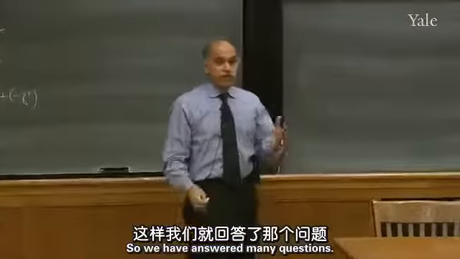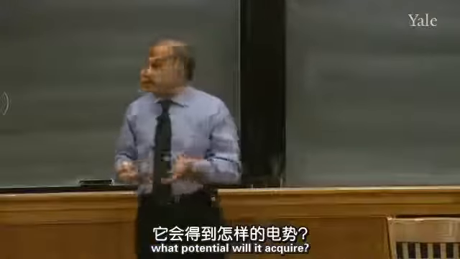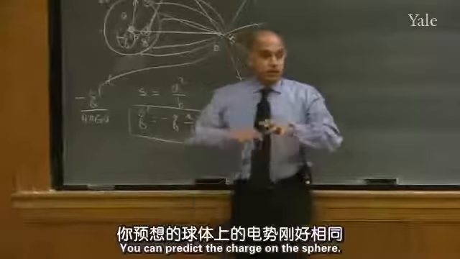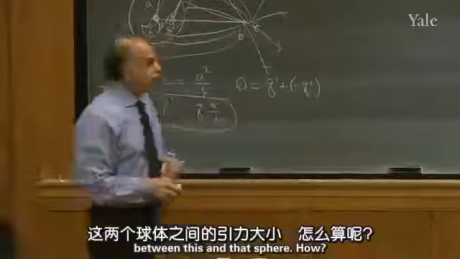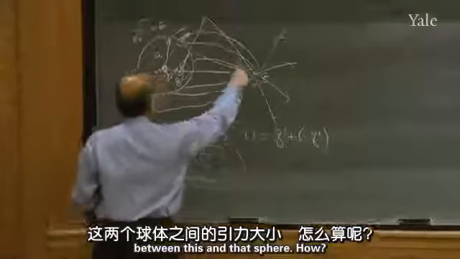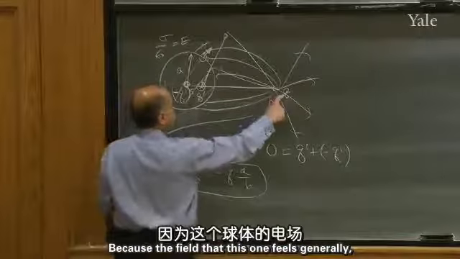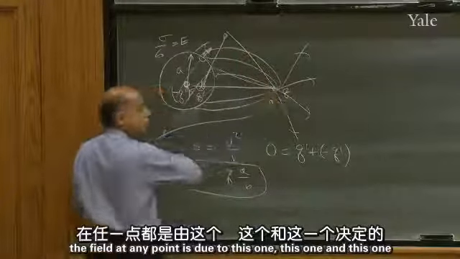So we've answered many questions. We said if you bring a charge q near the sphere, what potential will it acquire? It will acquire exactly this potential. We can predict the charge on that sphere. We can predict the force of attraction between this and that sphere. How? Because the field that this one feels, generally the field at any point is due to this one, and this one.